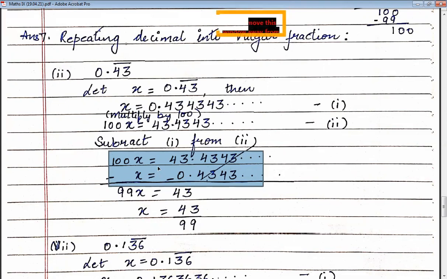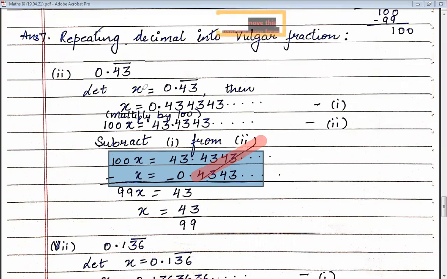Now children, when you subtract, 100x minus x will remain 99x, and from here your decimal part will go. So 43, 43, and so on will cancel with 43, 43, and so on. I hope you are clear with this, because when we multiply by 100, we will get the same decimal on the right side.